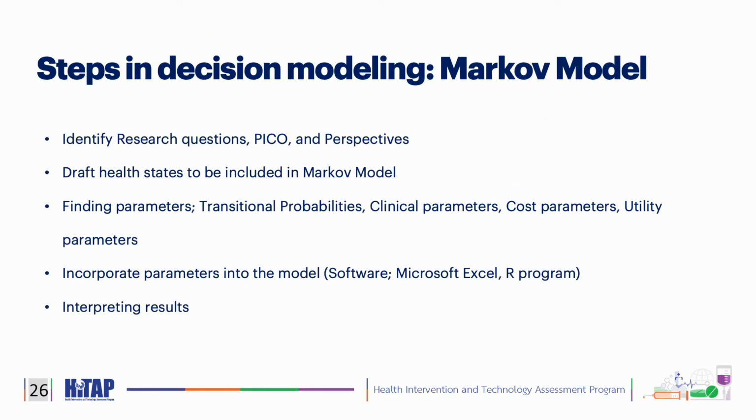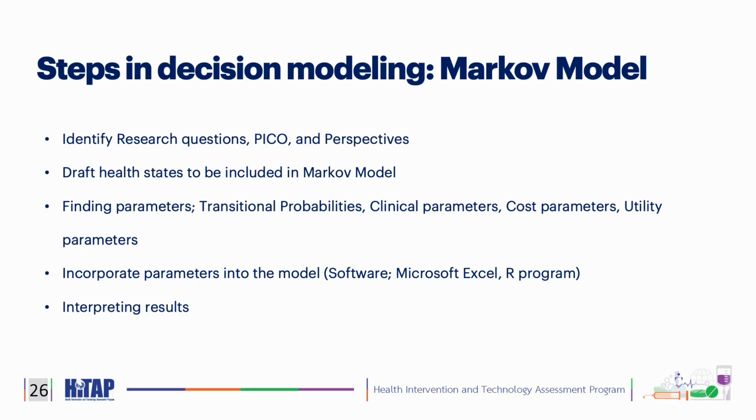Okay, so let's move on to another model, which is the steps in conducting a Markov model. I would divide it into 5 steps, starting with first identifying your research question, your population, intervention, comparator and outcome, and the perspective you would like to use. Then drafting the health states which will be included in the Markov model.